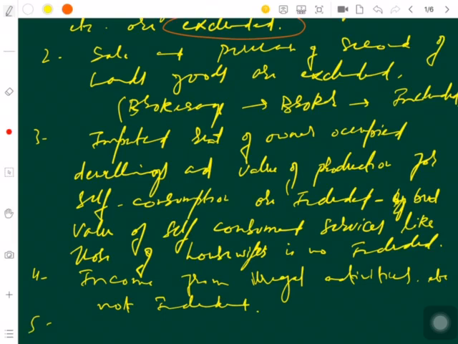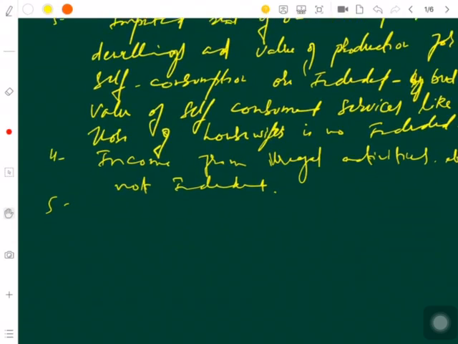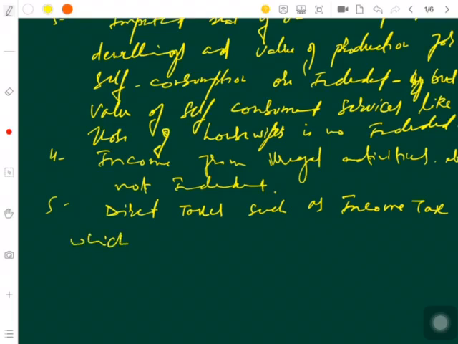Okay, the fifth and last precaution we have to take is direct taxes, such as income tax, which are paid by employees.